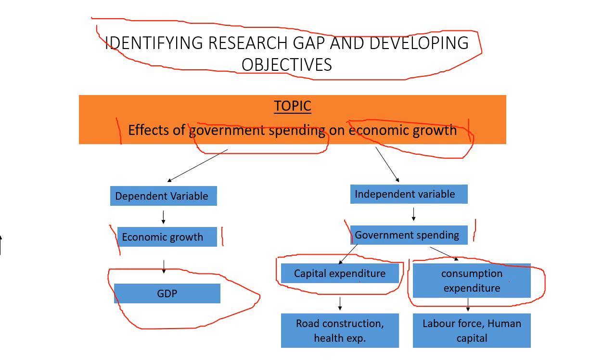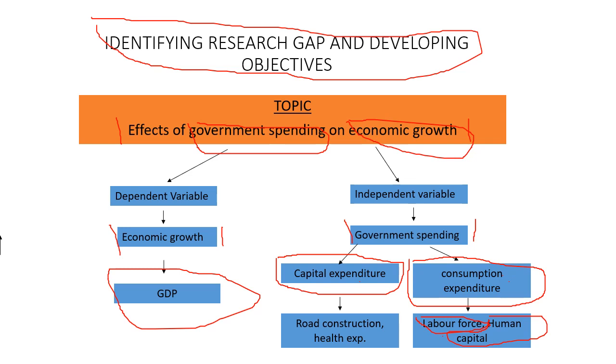So you can see you have broken down the independent variable from government spending to capital expenditure and government consumption expenditure. And now we have arrived at road construction or health expenditure, and we are now at labor force and human capital. These are the variables that you'll be working on in our data analysis.